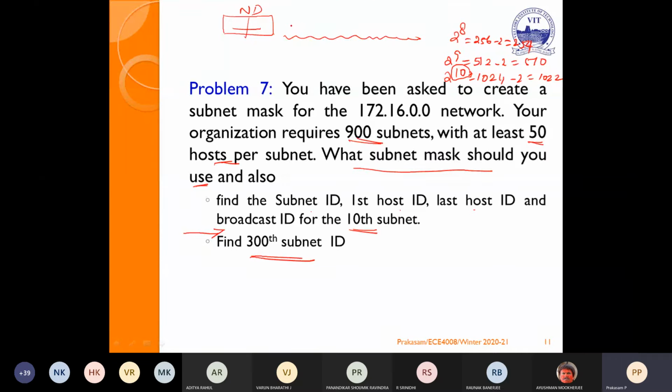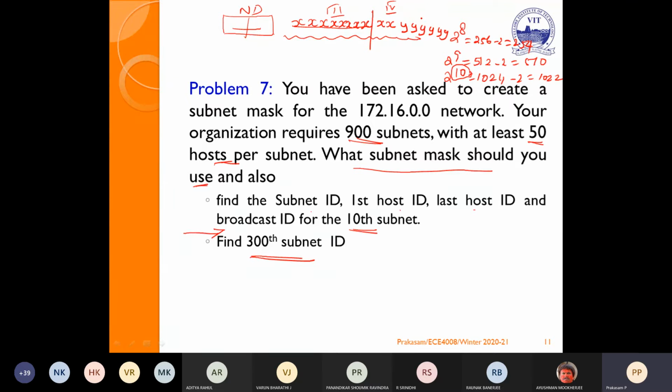So the third field, third byte, entire field, and in the fourth field, the first two bits, this is the third byte, this is the fourth byte. So in the third byte, all the 8 bits I am utilizing for subnet. In the fourth, first two, remaining 6 is for host.